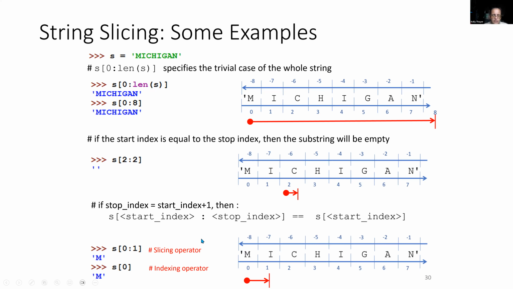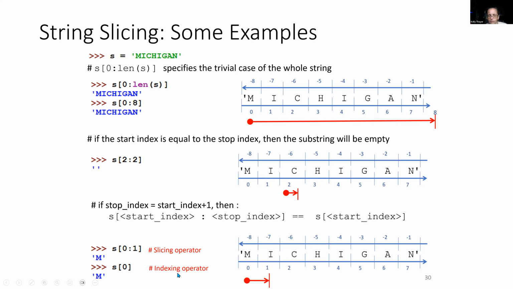If the stop index is equal to the start index plus 1, then we have the special case that basically we have just done the indexing operator. Let's see what we mean by this. If you do a slice from 0 up to but not including 1, which position is left? Well, S of 0 is what's left. So I could have just done the indexing operator S of 0 instead of S of 0 up to but not including 1.